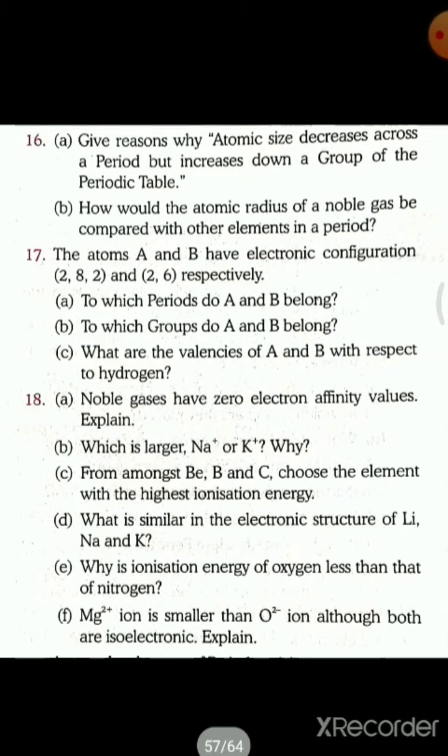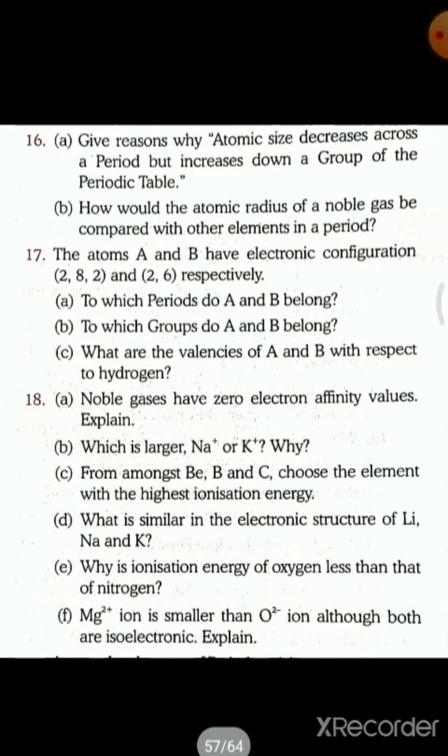There will be more repulsion between the electrons, which lowers the ionization energy. That's why oxygen has the lower ionization energy as compared to nitrogen. Okay, so this is the reason that ionization energy of oxygen is less than that of nitrogen.